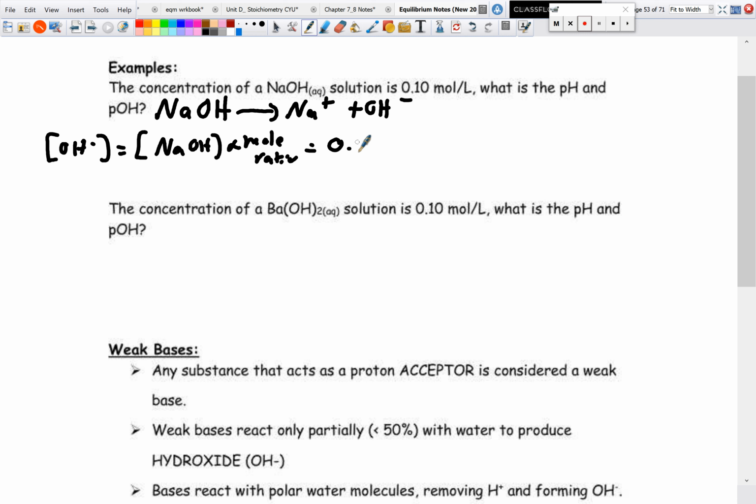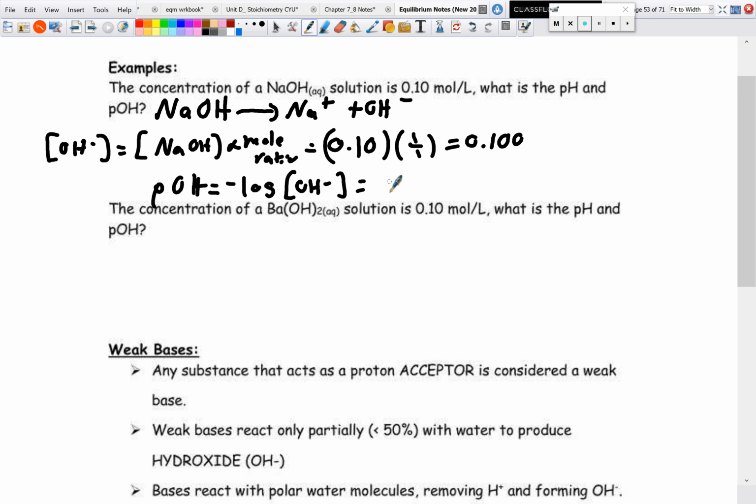In this case it was 0.0100, and the mole ratio was 1/1. Then we can get the pOH, which is equal to negative log concentration of hydroxide, and we get something like this. So this was nothing new, and we did this last week.